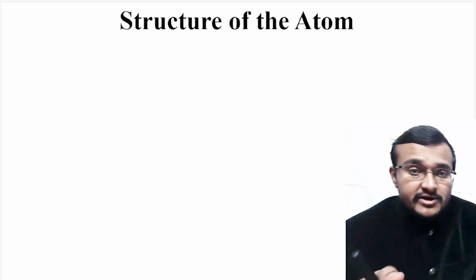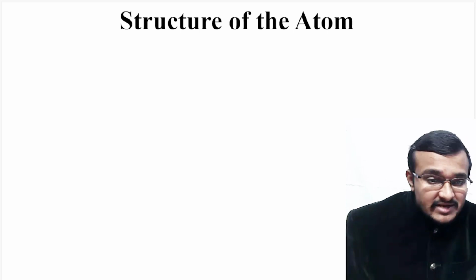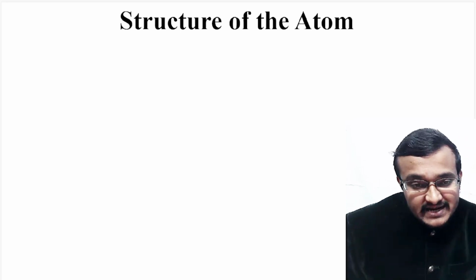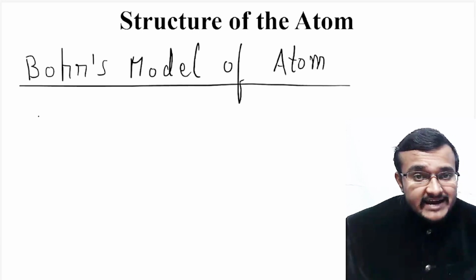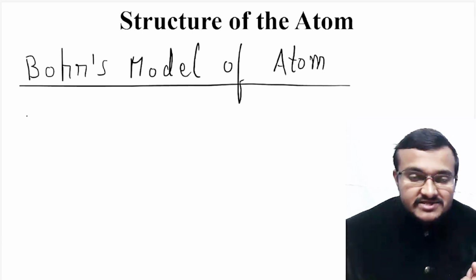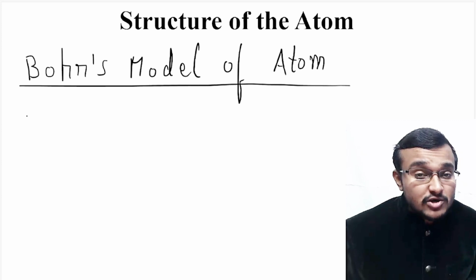After Rutherford's model, the next model which we will be learning in this chapter is Bohr's model of an atom. Before going into Bohr's model, you have to understand J.J. Thomson's atomic model and also Rutherford's atomic model.